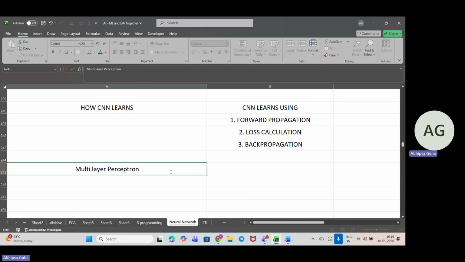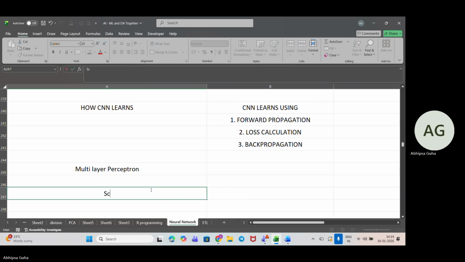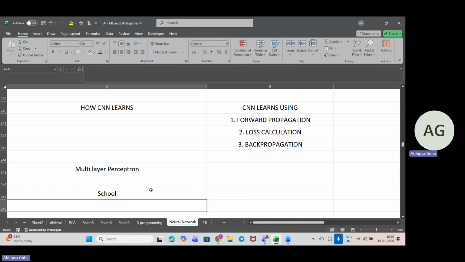Now I need to give you a proper idea, so let's imagine a school. We have students, so they are the neurons.